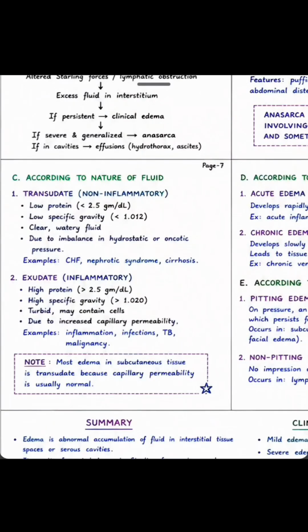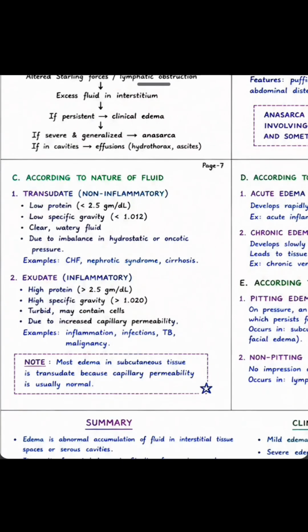An exudate is high protein, high specific gravity, turbid, may contain cells, due to increased capillary permeability. Examples: inflammation, infections, TB. And note that most edema in subcutaneous tissue is transudate because capillary permeability is usually normal.